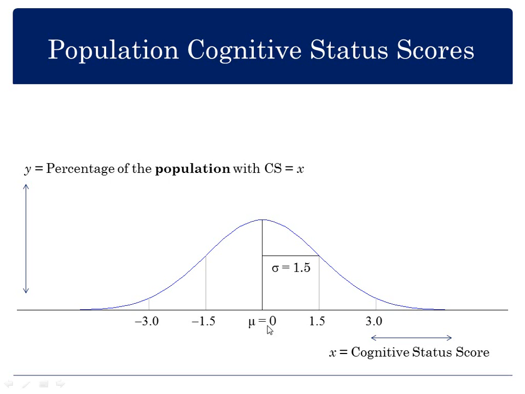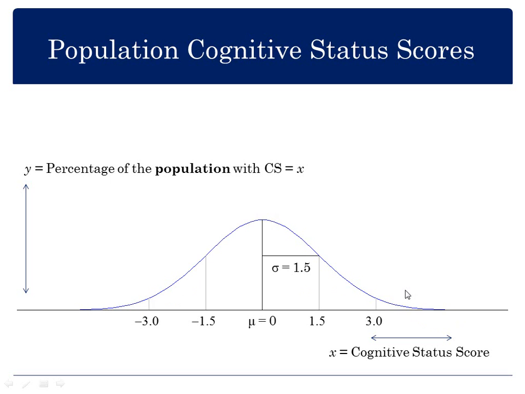So if you're normal, theoretically you should have a 0. If you have impaired cognitive status, you have a decline in this score, so you're going to be somewhere over here. So it makes sense that in nature, cognitive status will have some average, which is, quote-unquote, normal. You'll have some that are on the higher end of the spectrum, some that are on the lower end of the spectrum, and we can reasonably assume that the behavior of this score, which we'll call CS, is approximately normal.